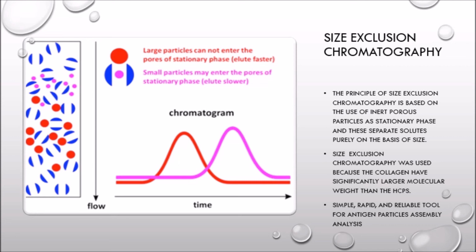It was used because the collagen has a significantly larger molecular weight than the host cell proteins. Size exclusion chromatography is also a simple, rapid, and reliable tool for antigen particle assembly analysis.